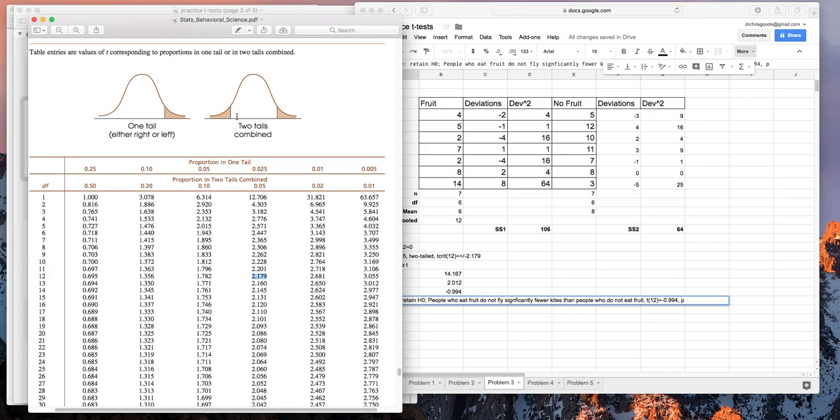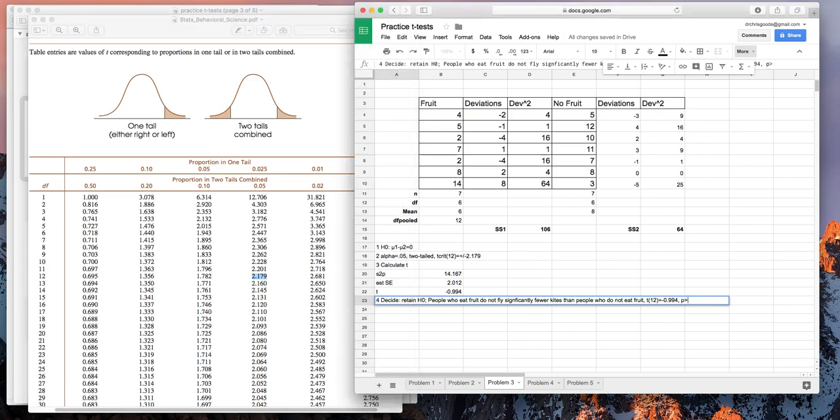So p is the proportion of area under the curve beyond negative 0.994 and above positive 0.994 because it's a two-tailed test. We don't know what p is, but we know that it's the area beyond this plus the area beyond this. We know it's greater than the shaded area, and we know that the shaded area, there's 2.5% over here, 2.5% over here. So we know that p is greater than 0.05.